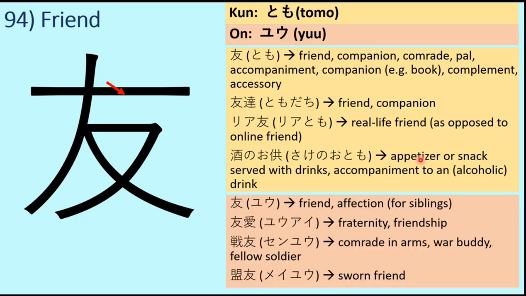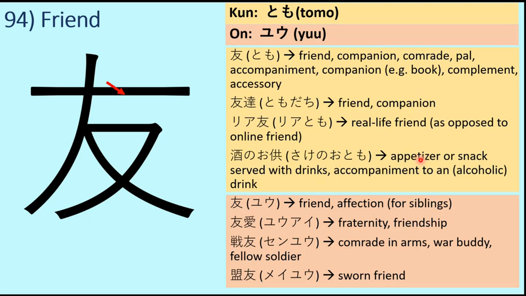In onyomi, we have you, which means friend or affection for siblings. We have UI, which means fraternity or friendship. We have Senyu, which is comrade in arms, war buddy or fellow soldier. That is when there are soldiers in a troop or unit, and they gel very well.